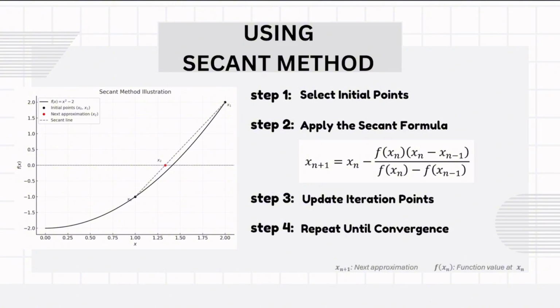A secant line is drawn through these 2 points. The intersection of the secant line with the x-axis is marked as x2, which is the next approximation of the root. From x2, the process repeats to compute another secant line and refine the estimate further.